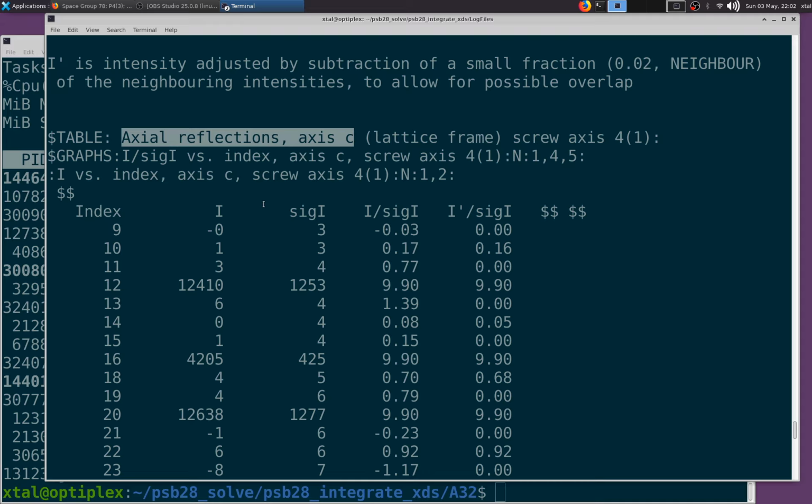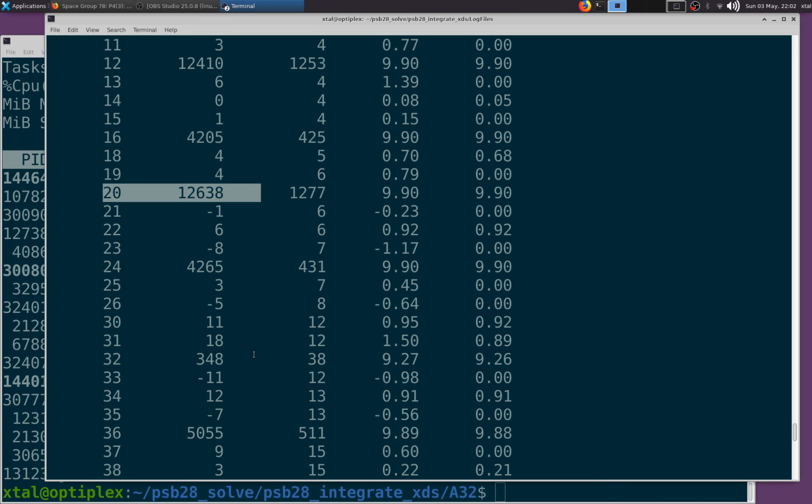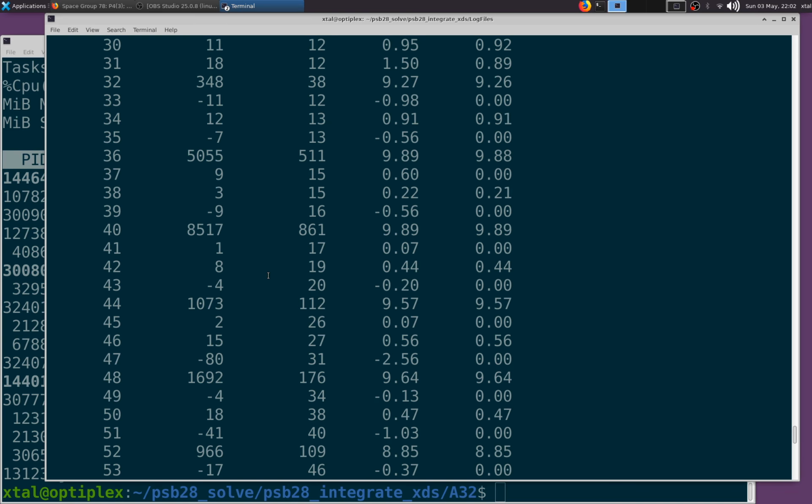C-axis. So this is for 0, 0, L, and we look down the I's. We haven't measured all of them, but for 9, 10, 11 there's basically nothing, and then we see a large intensity at 12, nothing again until 16, nothing again until 20, nothing again until 24.